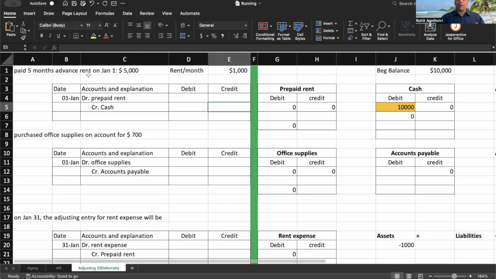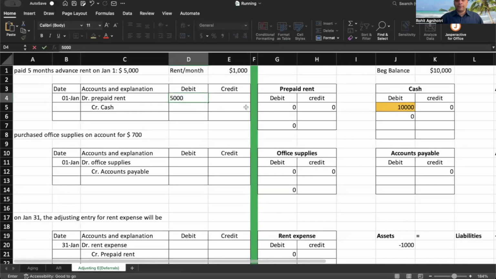So it's 5 months, and obviously the rent per month is $1,000. What do you record? An asset named prepaid rent. On January 1st, you are going to record a prepaid rent asset.